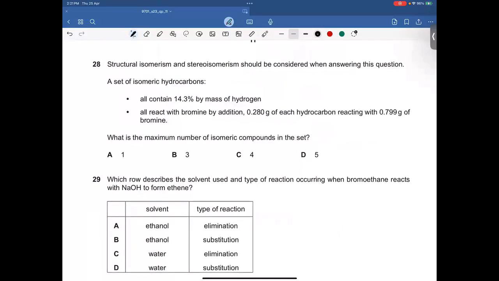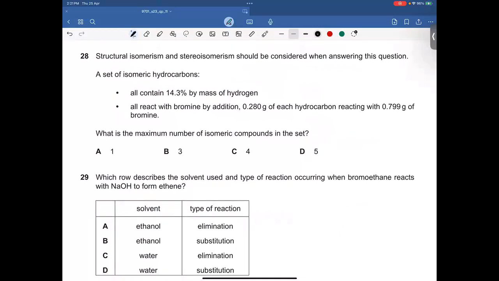Let's talk about question 28. Structural isomerism and stereoisomerism should be considered when answering this question. This question is extremely tricky because it has calculation and it has a set of isomeric hydrocarbons, maximum number of isomeric compounds in the set. That's very, very tough.